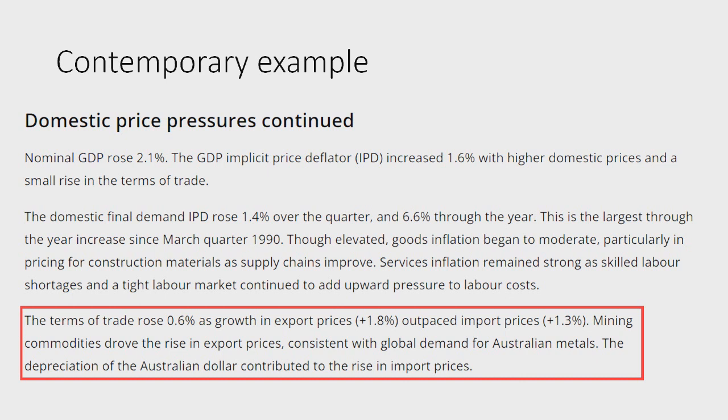And that brings us further away from our NAIRU target, which, some say, is approximately 4.25%. But if you want to get more technical about it, we just need to see what's happening to wages and what's happening to demand inflation as a result of lower unemployment. And some would argue that right now unemployment is just too low, that it's actually creating some inflationary pressures.